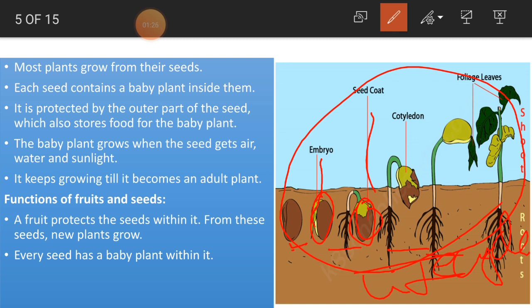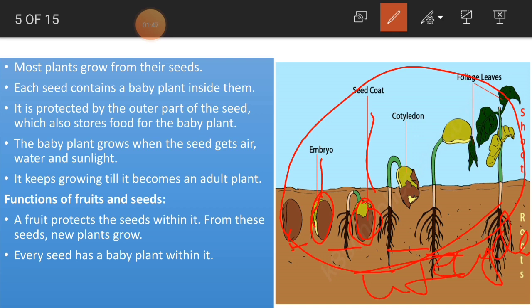Clear, children? First we will have a seed and it is going to give us a plant, in the sense small roots and leaves. That process is called germination. The seed is germinating. Clear, children?